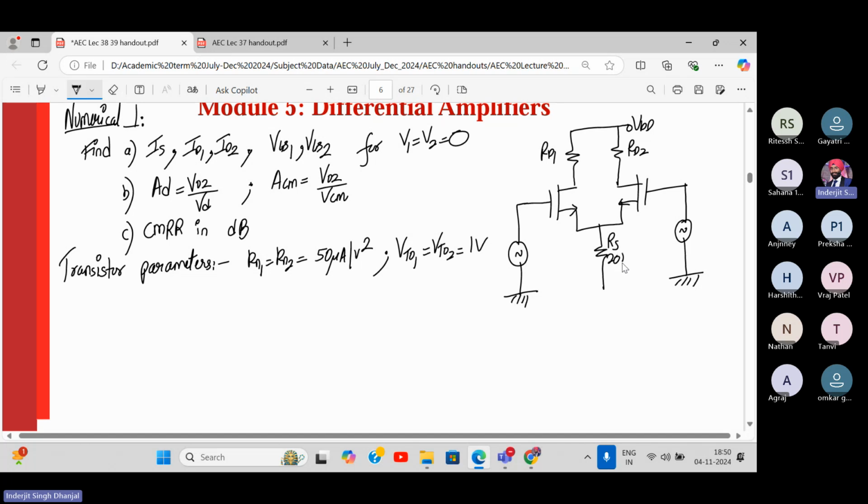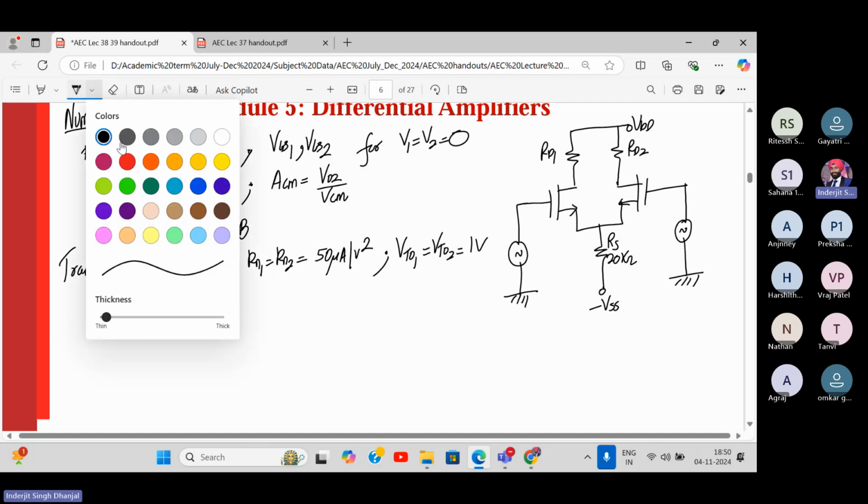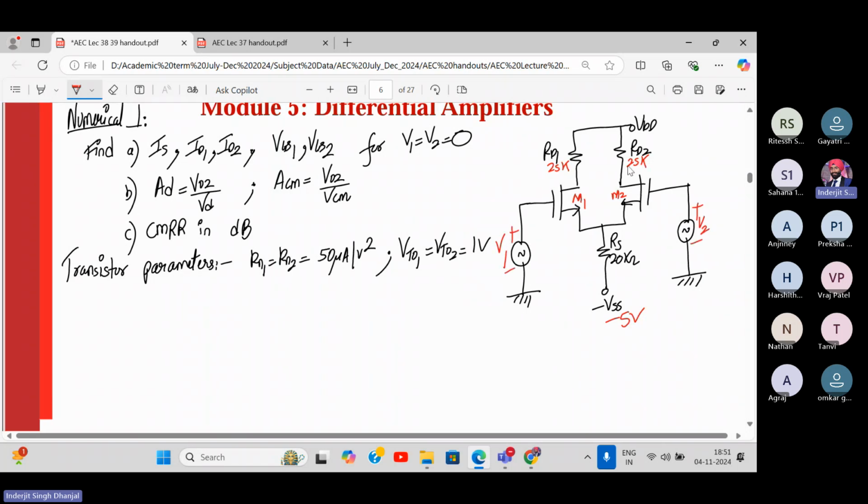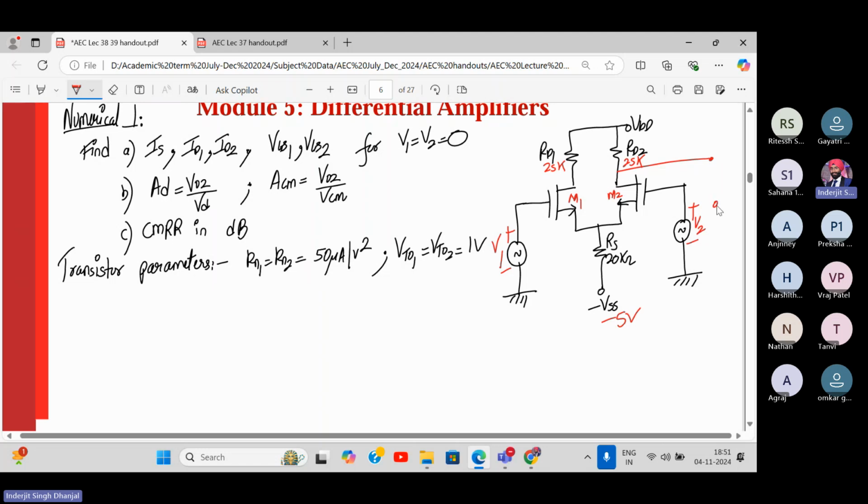How much is it? 20K. This is minus VSS, which is given as minus 5. Let me write the values now. This is 20K. This will be 25K. This will be 25K. This is M1, M2. This is V1, V2, plus minus, plus minus. And output is taken from this terminal, so output is with respect to ground. This is VO2, or we can write it V out, also called VO2, because it's taken across this second transistor's drain terminal.